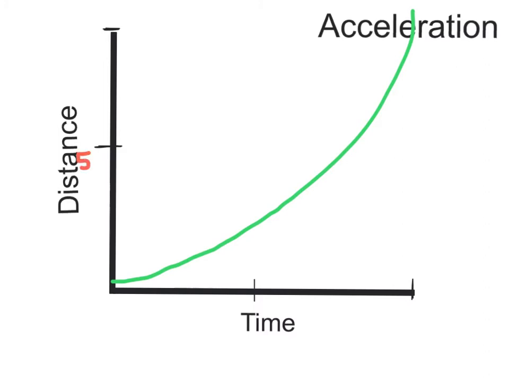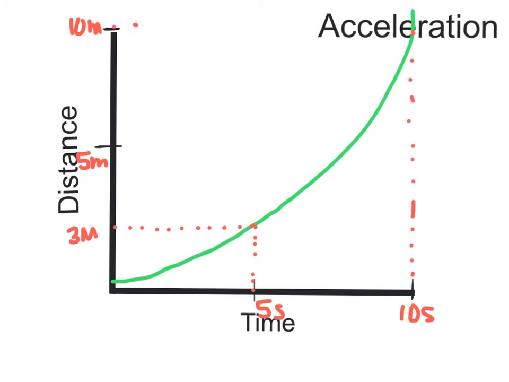Again, keeping everything the same, 5 meters, 10 meters, 5 seconds, 10 seconds. In 5 seconds, you can see that the car did not travel very far. So in 5 seconds, we can imagine this maybe went 3 meters. However, in the next 5 seconds, we now went the rest of the way.